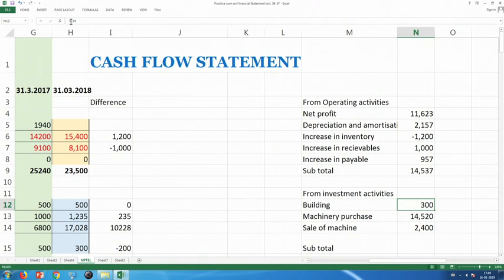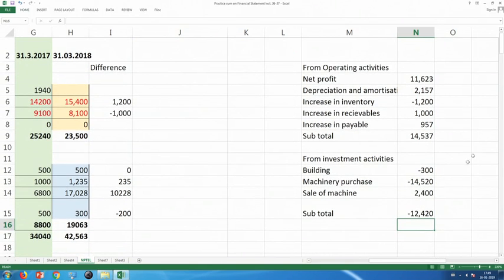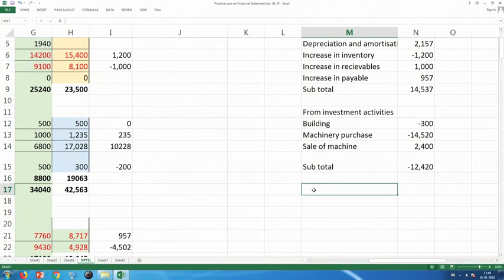Similarly, here, because we have created new machinery, we need to put a negative sign. For sale of machinery, cash flow is positive, so we do not have to put anything, and the subtotal here is minus 12,420.